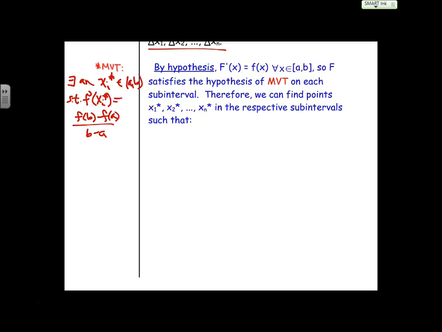Now, what have I done? I've taken out the c and I've made it some snazzy x star, okay? So we recognize MVT: as long as the function is continuous on the closed interval and differentiable on the open interval, there exists a special c within the interval such that f prime of c equals f of b minus f of a all over b minus a.